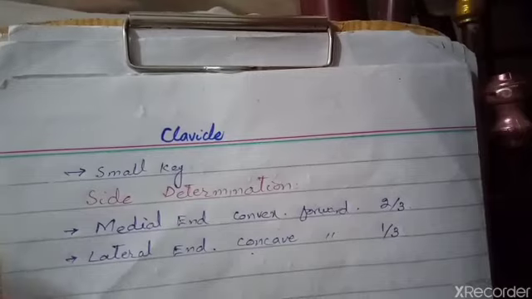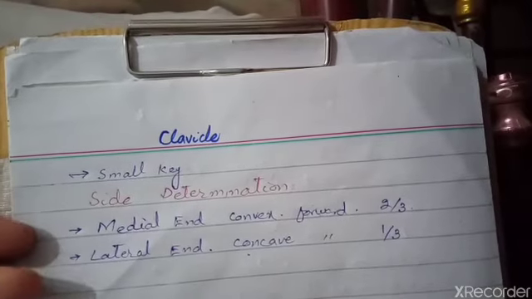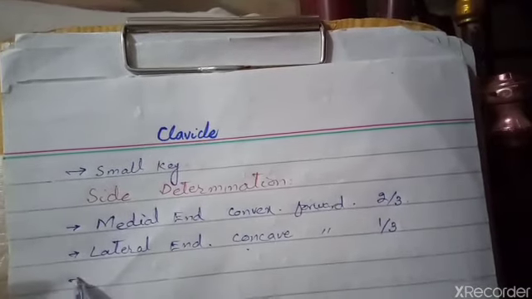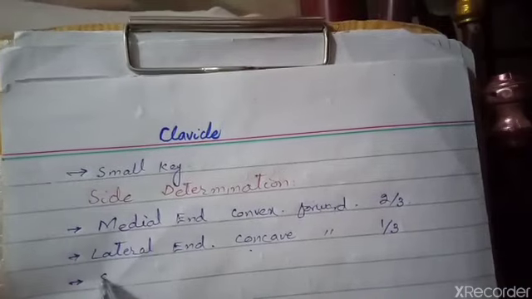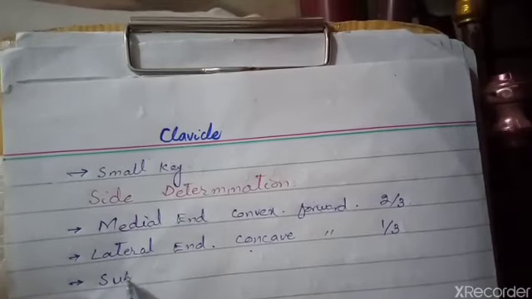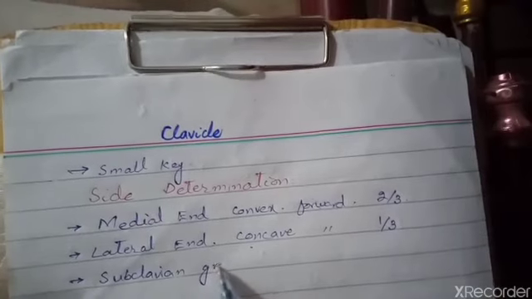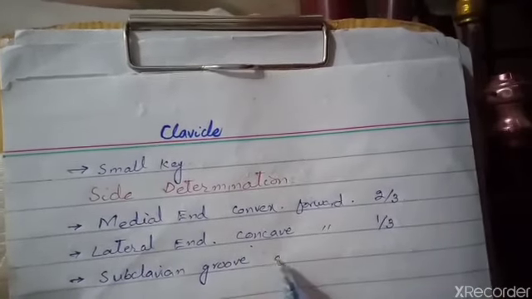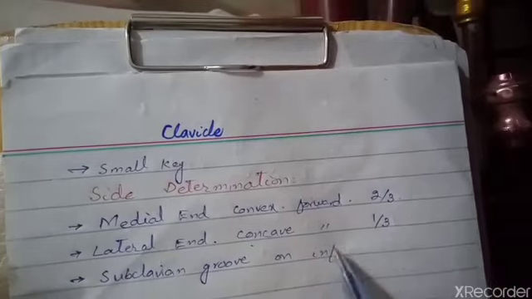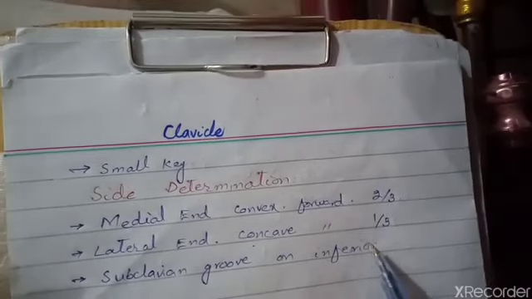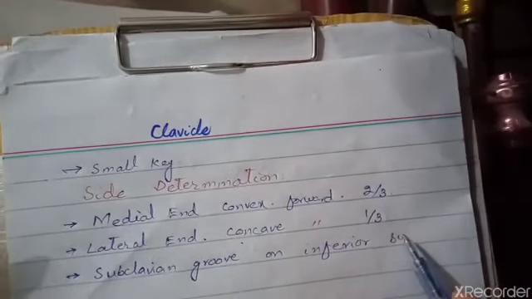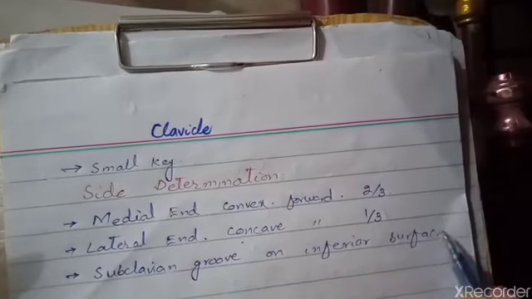These are the two points for the identification of the side. And the third and last point is that there is a subclavian groove on the inferior surface of the clavicle. This is all about the side determination of the clavicle.